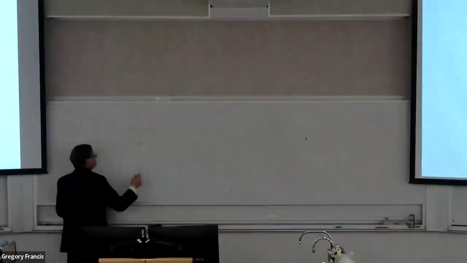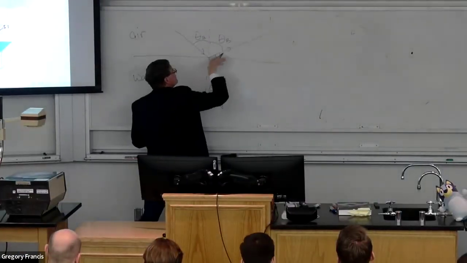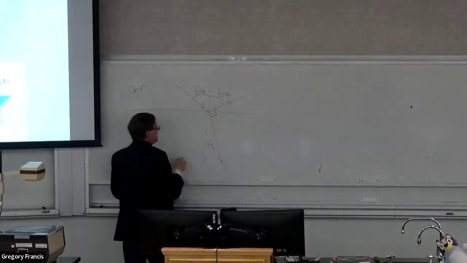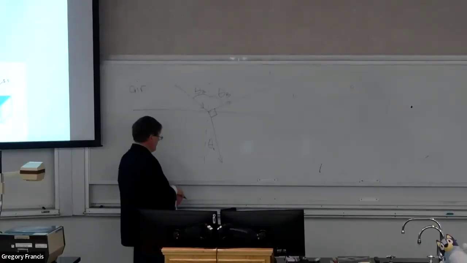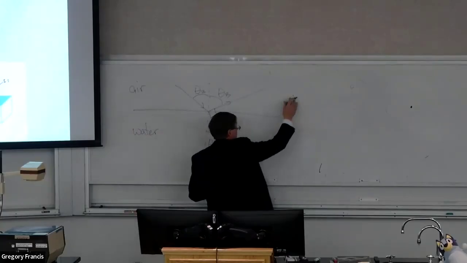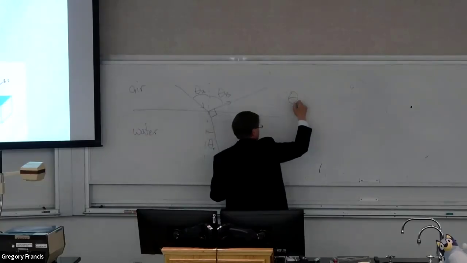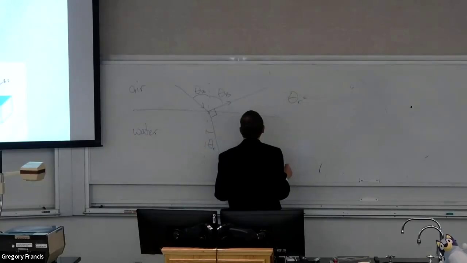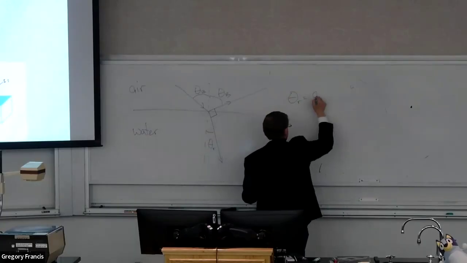And so the Brewster angle is such that these two rays, the reflected and the refracted, are 90 degrees from each other.